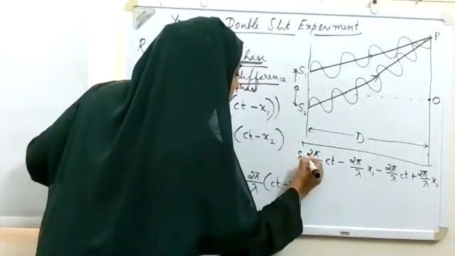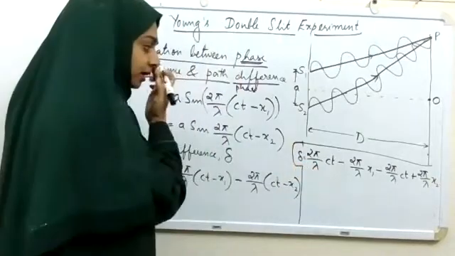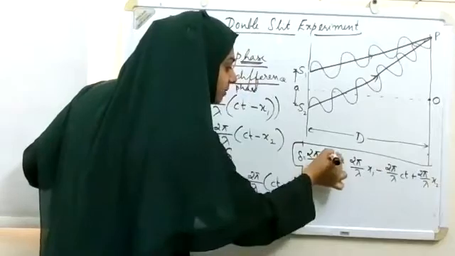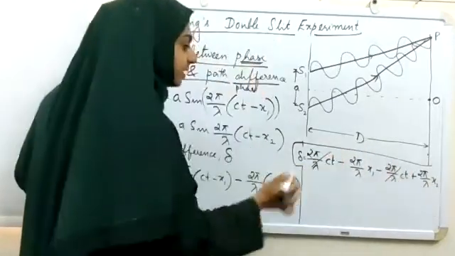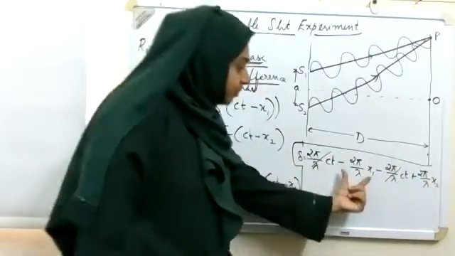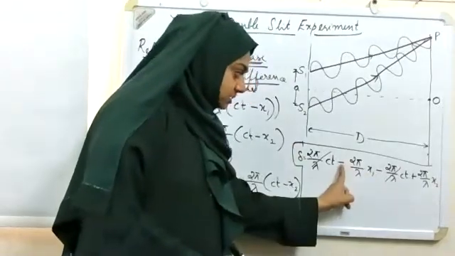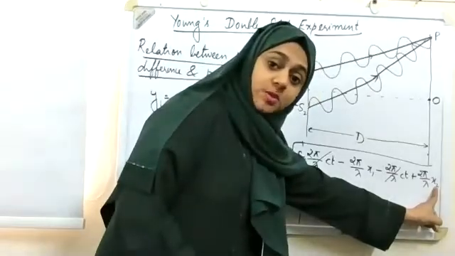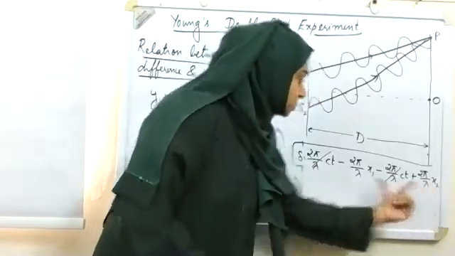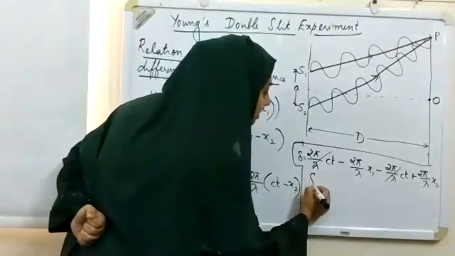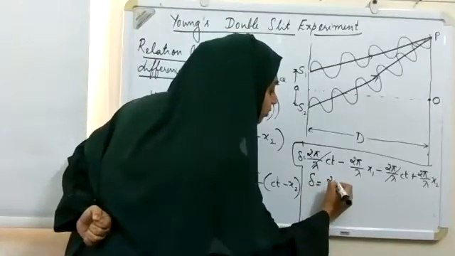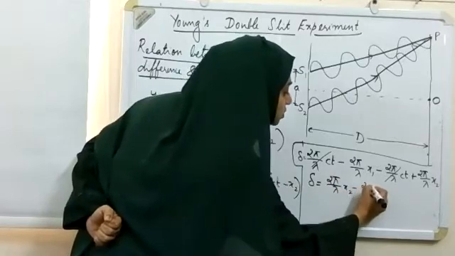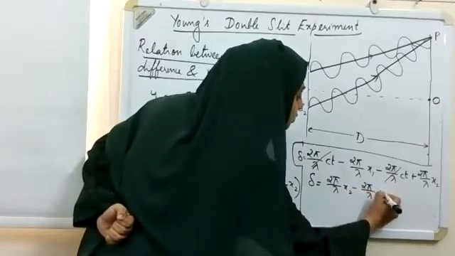Now 2 pi by lambda ct minus 2 pi by lambda ct, I can cancel this. Then what I have is 2 pi by lambda x1 with a negative sign, and 2 pi by lambda x2 with a positive sign. Let me write the positive quantity first. So delta is equal to 2 pi by lambda x2 minus 2 pi by lambda x1.